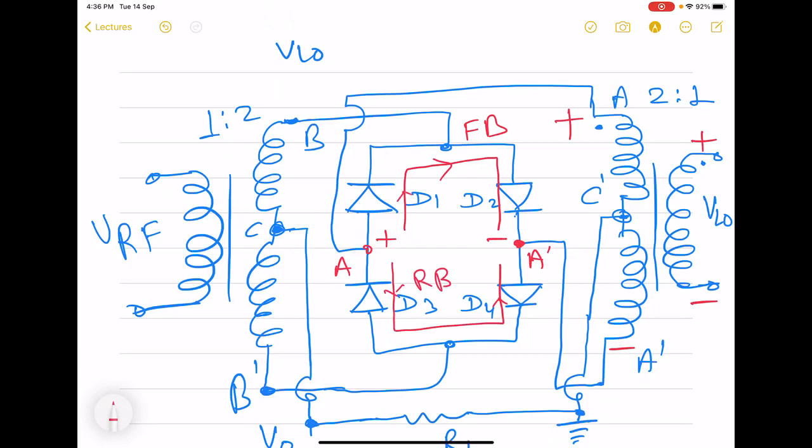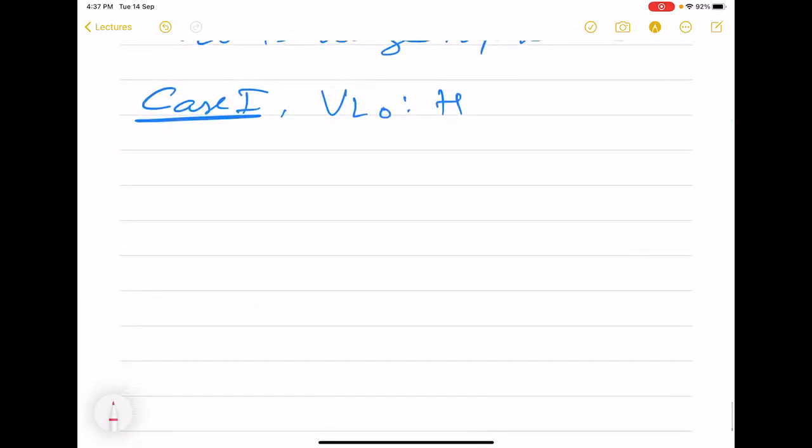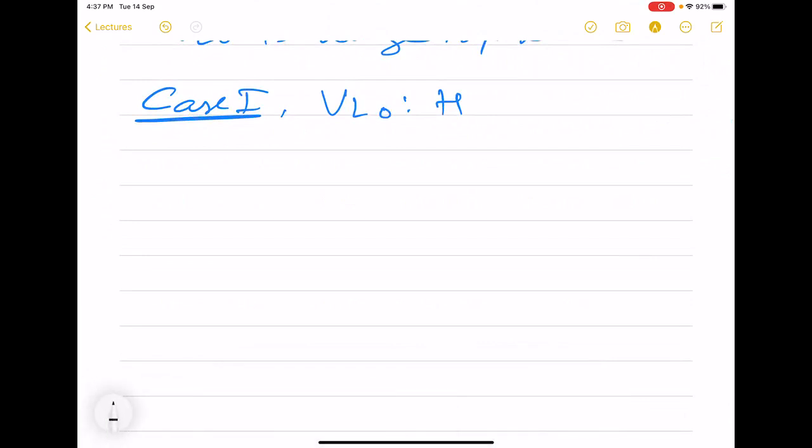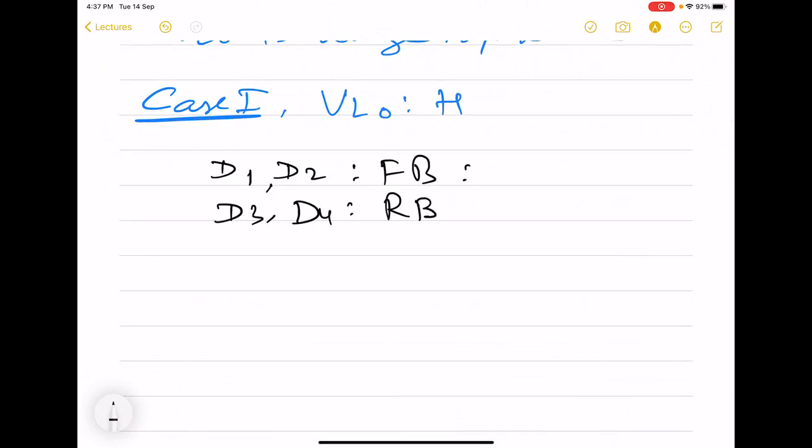So the top two are forward biased and the bottom two diodes are reverse biased. So D3 and D4 are going to be open circuited, and D1 and D2 are going to be closed switches or short circuited. This implies D1, D2 forward biased, D3, D4 reverse biased, so they are closed and these are open.